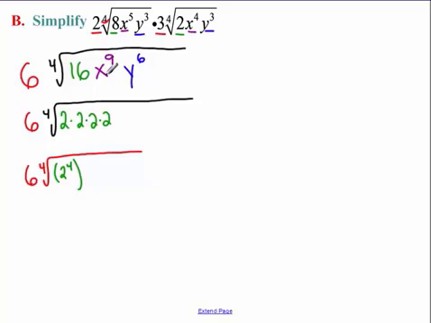Now the x to the 9th. Break this down into powers of 4. So x to the 4th times x to the 4th times another x. Because when I add those exponents, 4 plus 4 plus 1 has to equal 9.